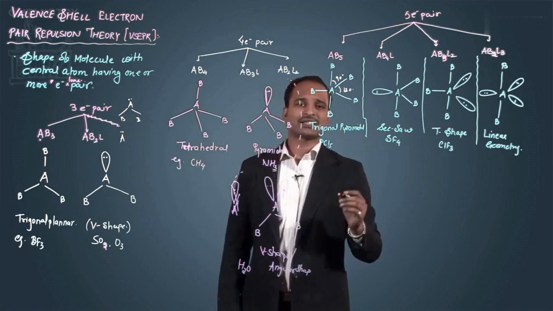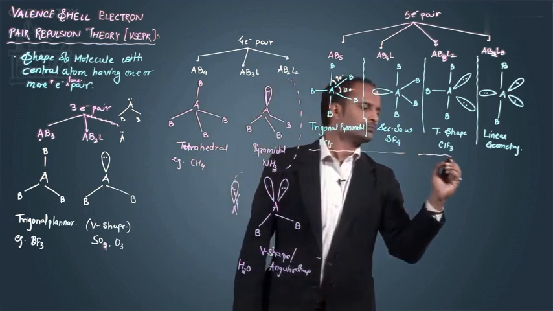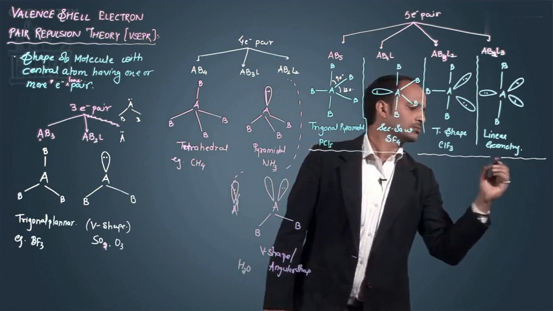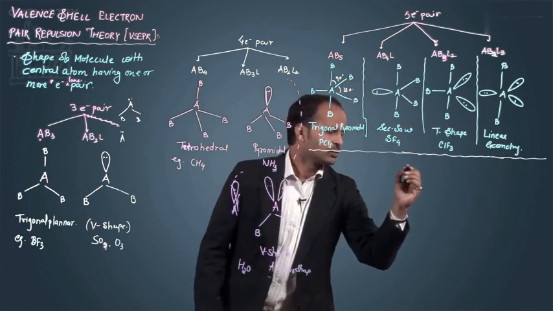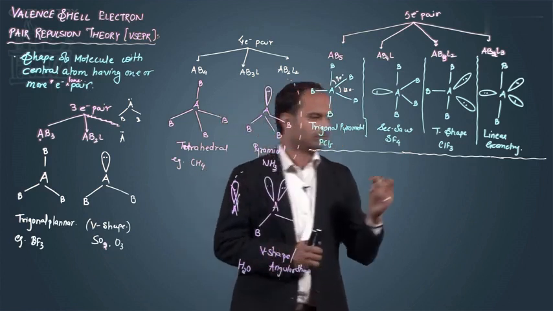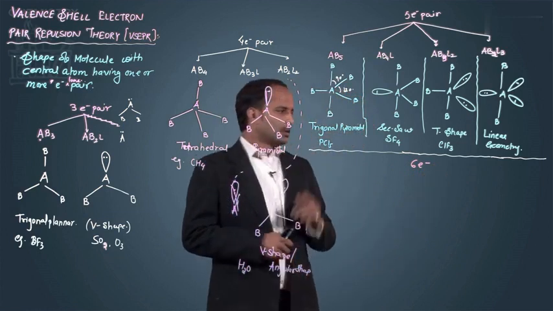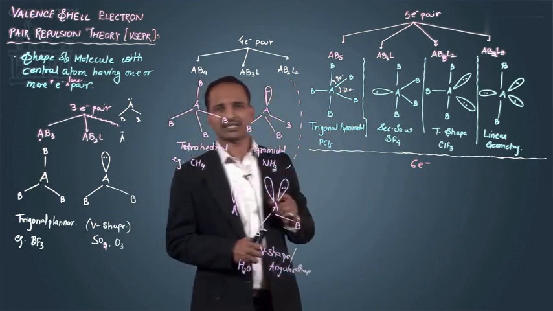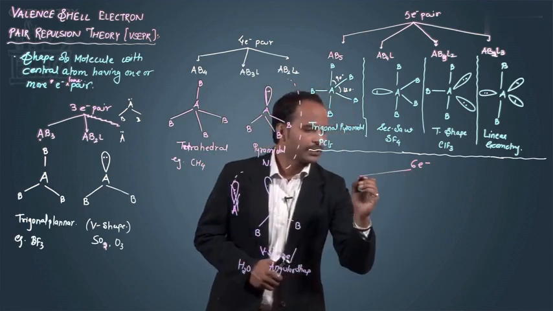Suppose there is a 6 electron pair, then what will happen? There is a 6 electron pair now. If there is a 6 electron pair, we have three possibilities.